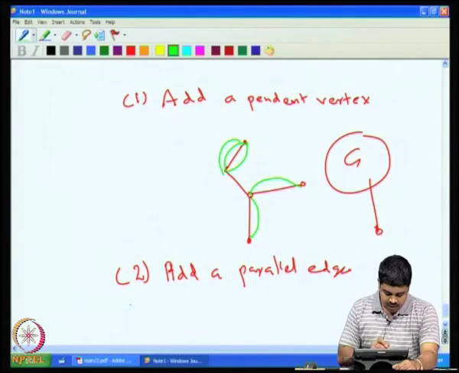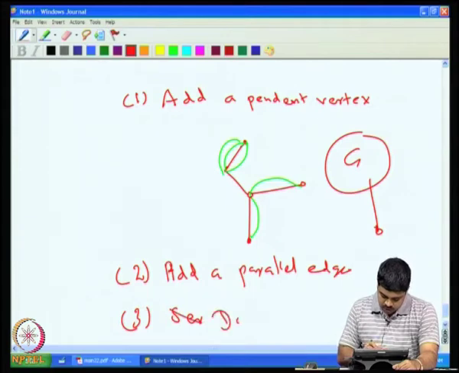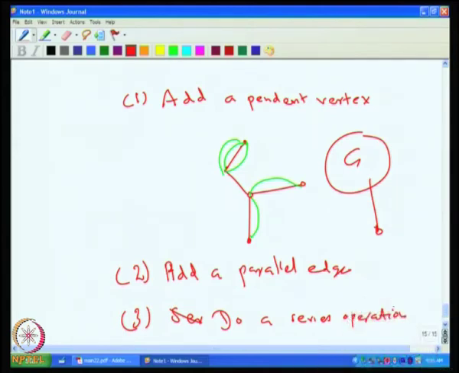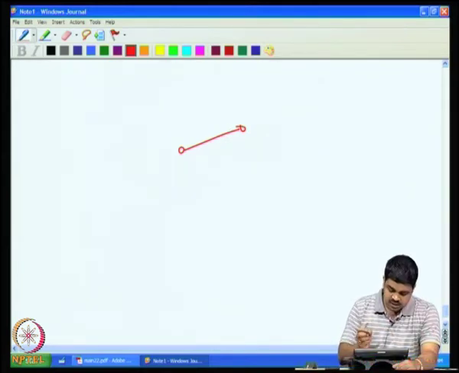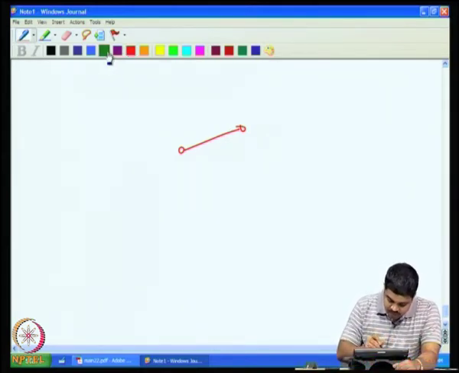And the third property is that you can do a series operation. What do we mean by series operation? Series operation essentially means it is a subdivision operation. Suppose you have an edge here. You can break this edge and introduce a new vertex here.